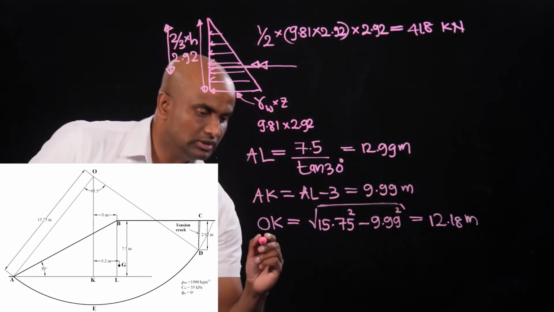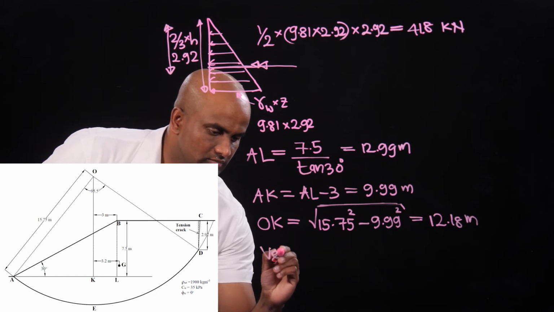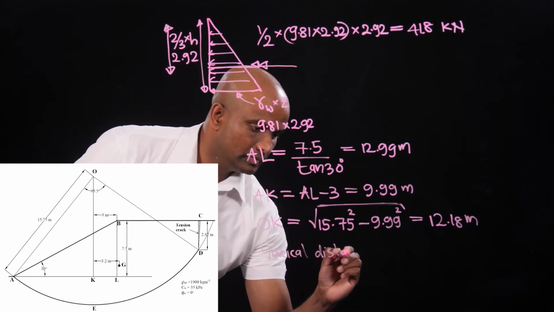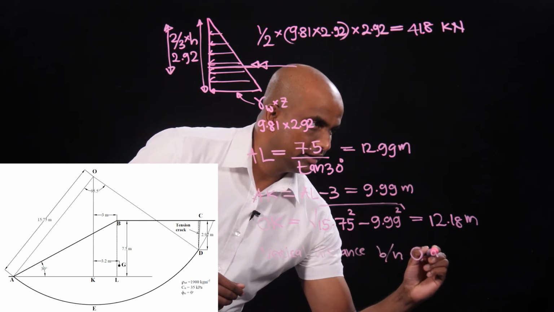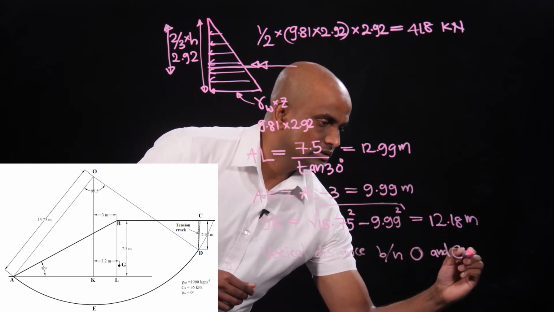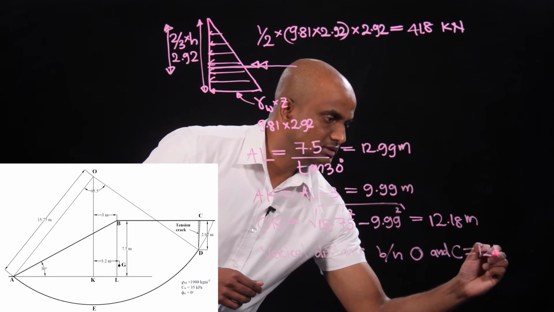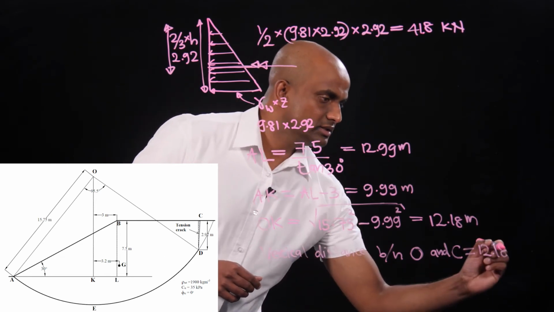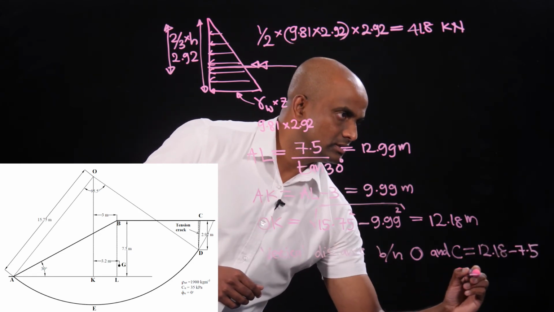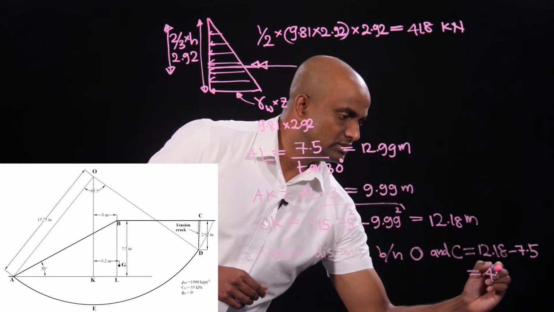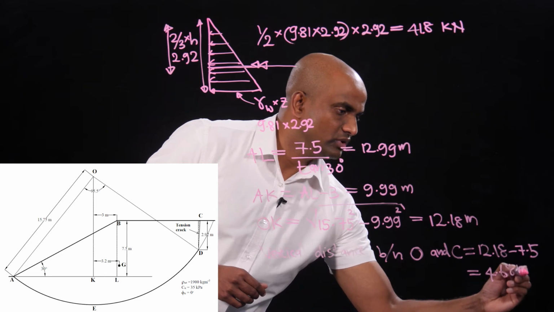And now the vertical distance between O and C is 12.18 minus 7.5, which is 4.68 meter.